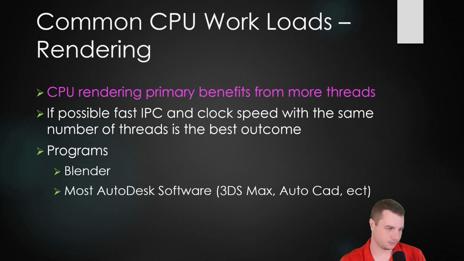Okay, so as we start going into particular workloads, and back to my original point towards the beginning of the presentation, what we ask the CPU to do is basically everything.